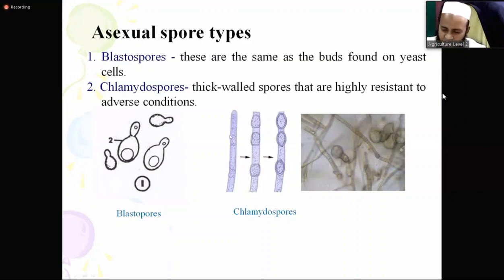On the hypha, not all cells, but some cells become thick-walled by different depositions. They deposit many things in their cell wall and become highly resistant to adverse conditions. Maybe they cannot rot in water or any other condition. They will be strong. This type of spore is called chlamydospore.